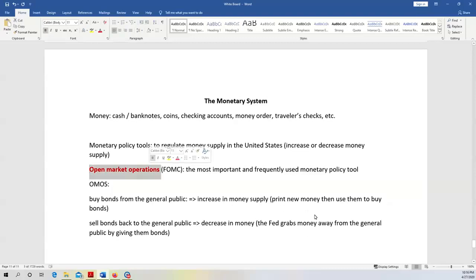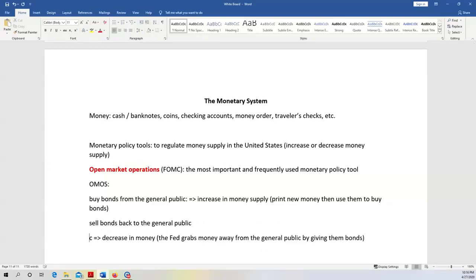This monetary policy tool is the most important and frequently used by the Federal Reserve System, called open market operation, by either buying or selling bonds in the bond market. Who actually carries out trading bonds on behalf of the Federal Reserve System?